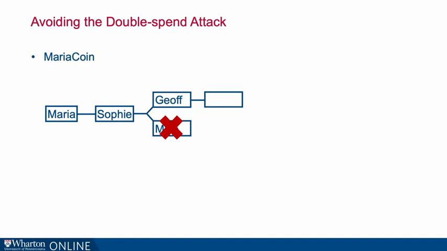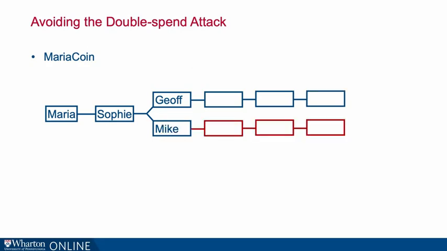Okay, so now we have a chain, and with two prongs, one of them longer than the other. So if all nodes are honest, they will simply continue with the longest fork, and the other fork will be orphaned. But what if Mike's friends all get together and build on the orphaned fork containing the transfer to Mike?